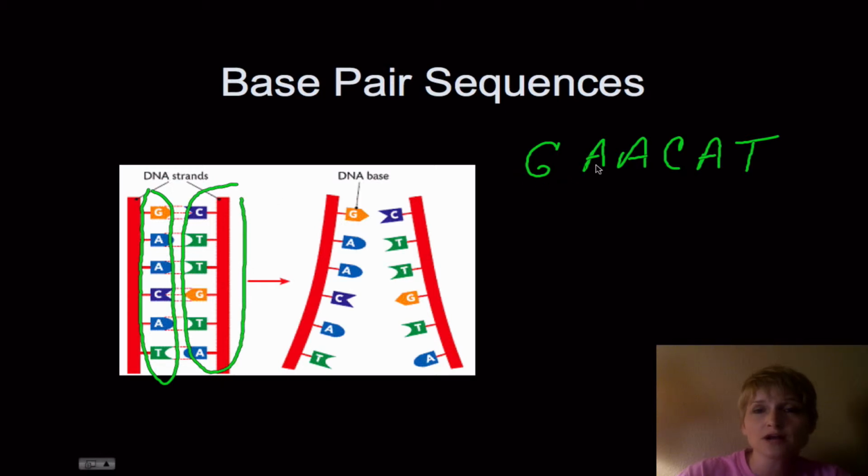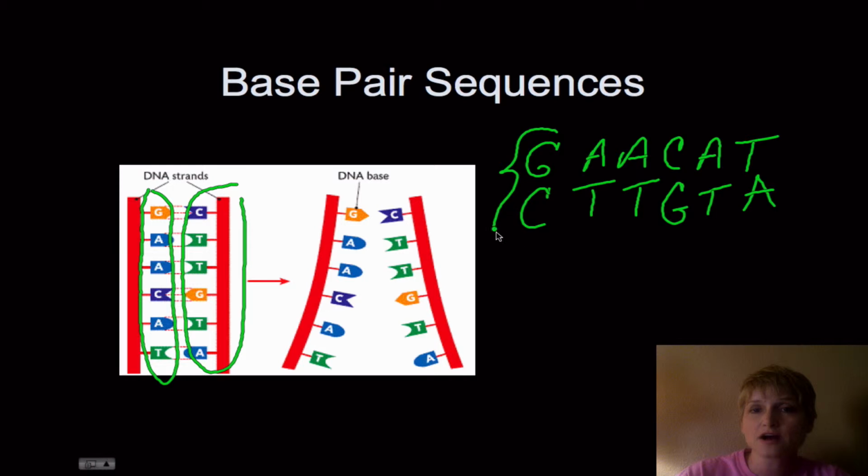There's no other option because of those base pair rules. We know that G is always going to pair with C. We know A is always going to pair with T, A with T, C with G, A with T, and T with A. And so we can always figure out what that complementary strand is going to be because we know the base pair rules.